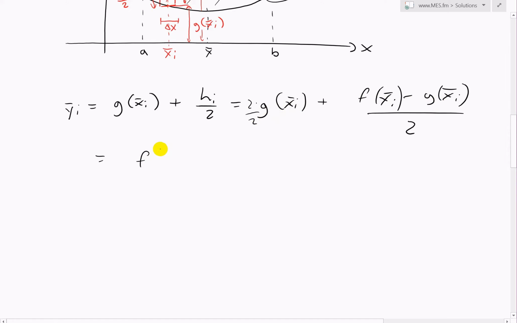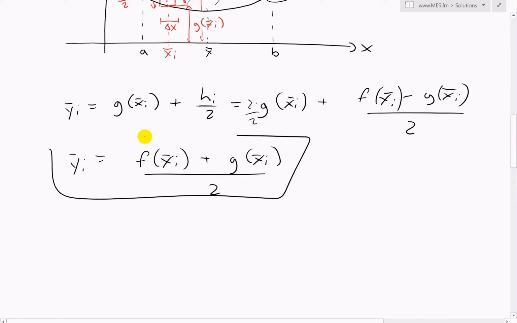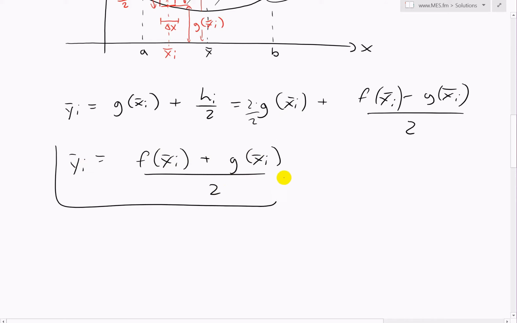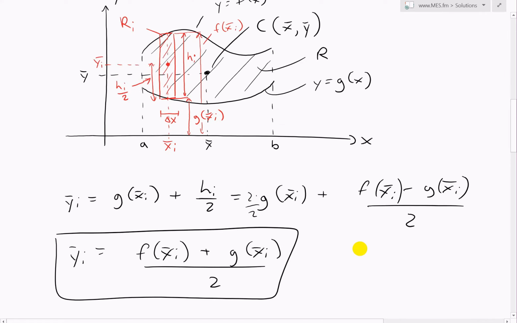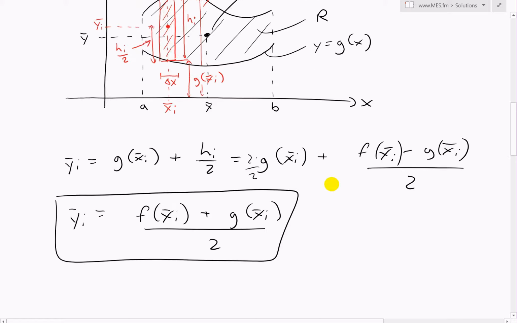So we have f of x plus g of x over 2. So this can be considered as the average distance. And again, that's just the average distance up to here. So the average value of this top curve and the bottom curve.